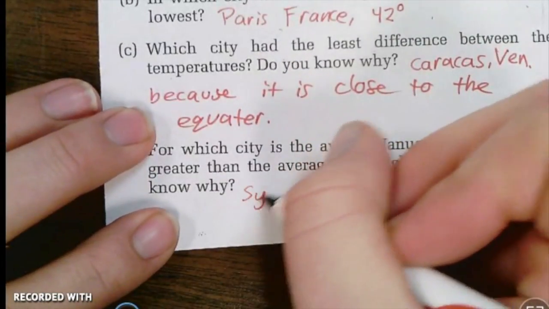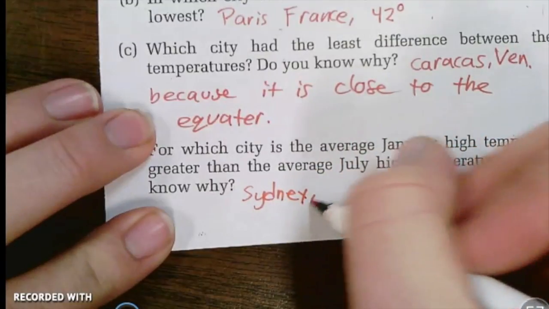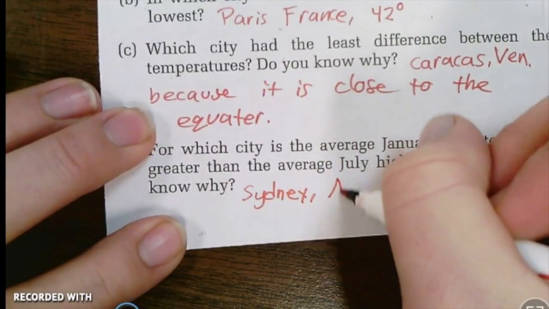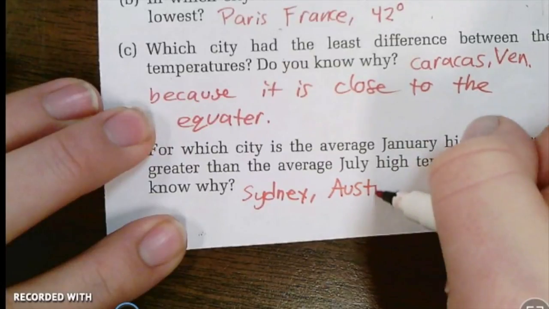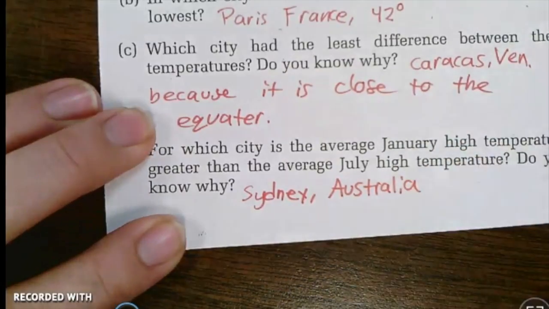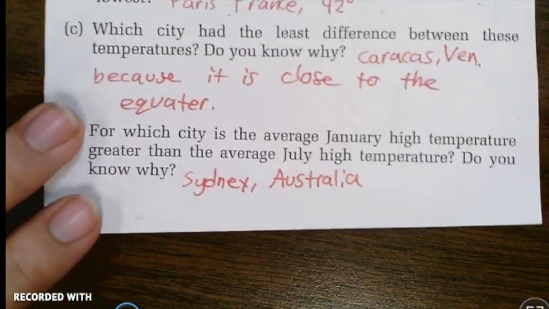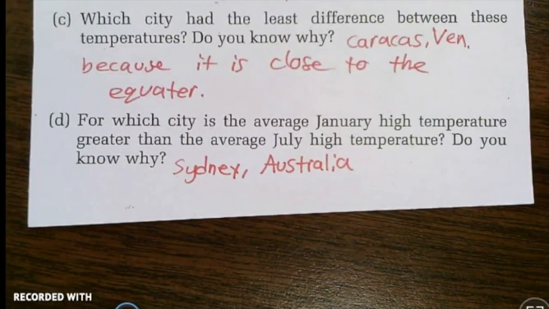Why is that the case? This is also true in parts of Africa. In South Africa, where my sister lives, it is much, much warmer in January than it is in July. Why is that true? Good, because it's on the other side of the equator. So it's on the other side of the world, which means that their seasons are reversed.